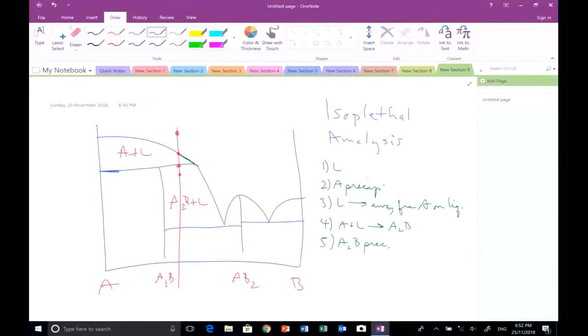Now I go down. My secondary phase is A2B. What happened to the A? Do I still have A there? I'm in this phase field right there that says A2B plus liquid. Do I have A written in that phase field? Yes or no?